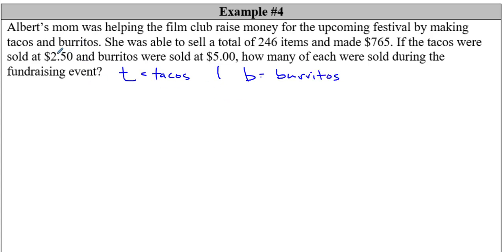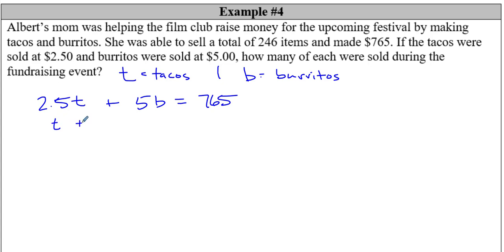All right, so we know that 2.50 times the tacos, right? $2.50 for tacos, plus the $5 for burritos, sold for a total of $765. We still need to figure out how to model our other equation. Well, we know she sold tacos and burritos, but we just don't know how many of each.